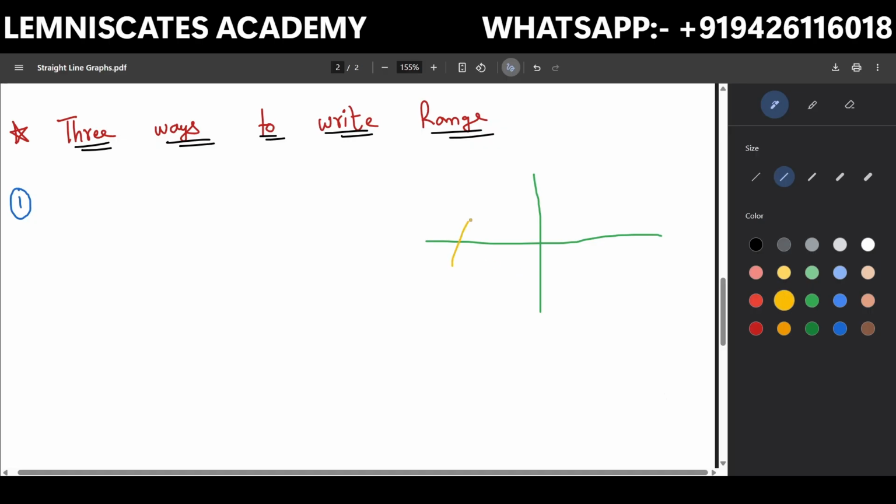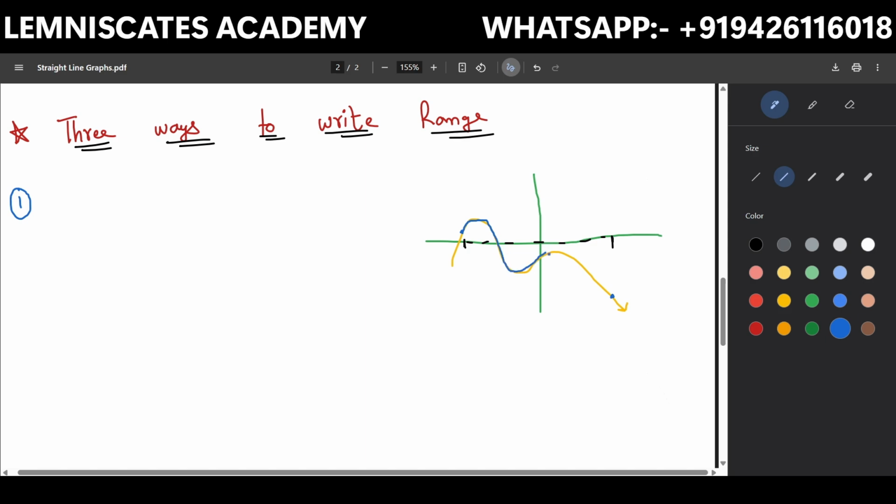So let's say some kind of a graph like this is given to you, and the domain lies between this and this value. Every x value between these two is going to be part of the input of the function. So what will be the respective outputs, guys? The respective outputs will start from here and end somewhere over here. So from the entire yellow graph, I just need to focus on this blue part.